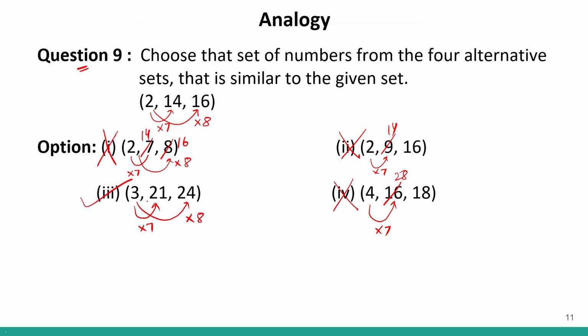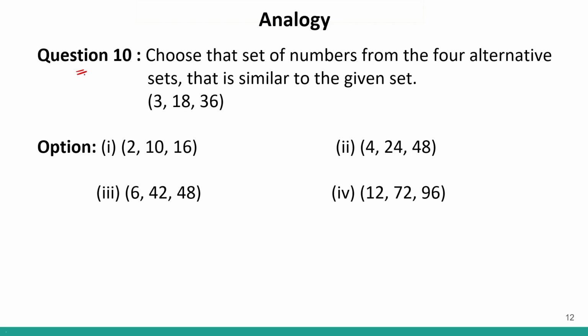So this option, that is option number 3, follows the same logic as given in this set. Correct? In this set, we had the same logic of into 7 and into 8. So option number 3 follows the same logic. Therefore, this will be our answer. Option number 3 will be the correct answer to this question. Okay?